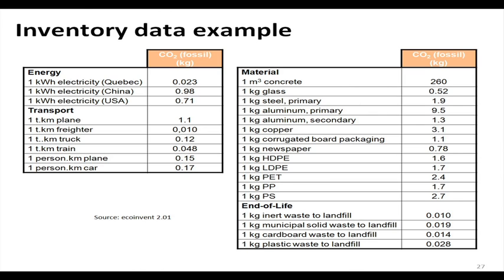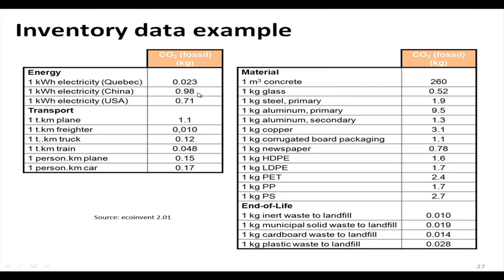So if you are in Quebec, to produce 1 kilowatt hour of electricity, your release in terms of the CO2 equivalent, the fossil release, is 0.023 kg. But if you are in China, that becomes 0.98 kg.